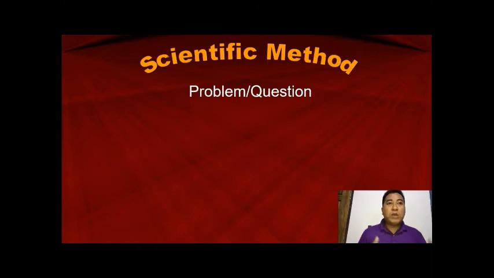So these steps are problem, or what is your problem? What are you asking for, or what are you going to study about? Research, what are the things that are involved? So what are the things that you need to know, so that there will be a path in which your problem should go, or in which your problem should be answered.